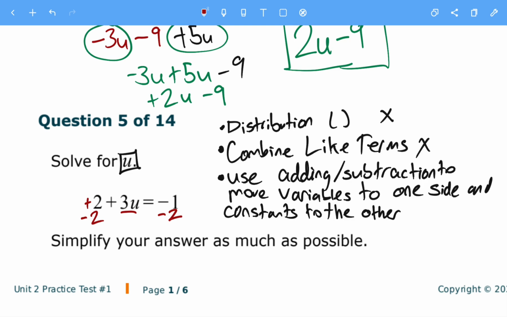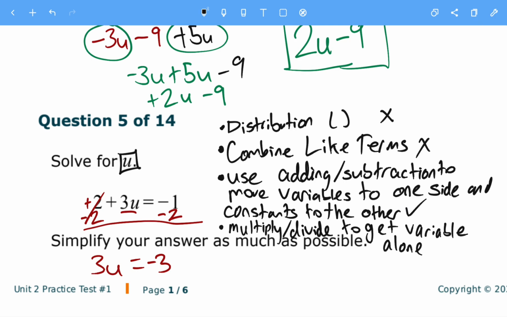Whatever you do to one side, you have to do to the other in order to keep the equation balanced. So positive 2 minus 2 simplifies to 0, and -1 minus 2 gives us -3. So we get 3u equals -3.